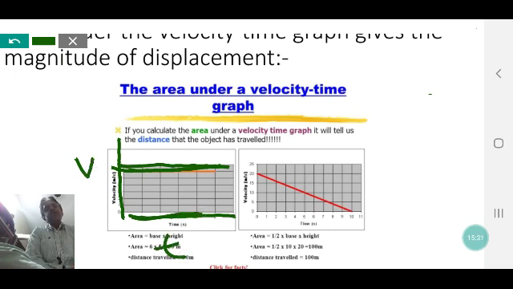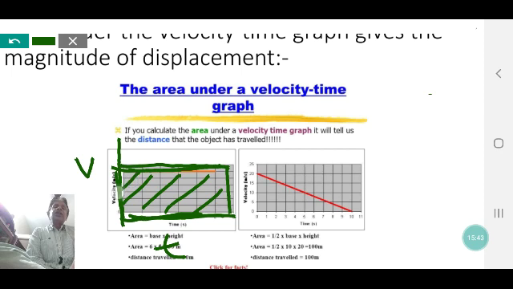Now, here we can find the value of displacement from the velocity-time graph. If you find the area here, this area is known as the area under the velocity-time graph. This area gives the magnitude of displacement.